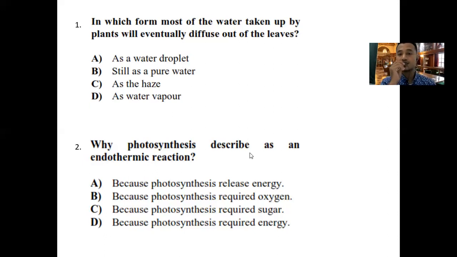So photosynthesis is a reaction that we call endothermic. Why is this endothermic? It must relate to energy. It requires energy from a light source. It could be the sunlight, or it could be another source that gives heat, such as a lamp.